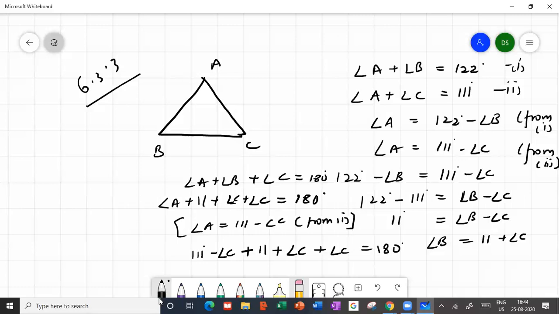So it will just become 122 plus angle C is equal to 180. There are multiple ways to solve this. Just don't stick to what I have done. So this will be 58, correct? And substitute it in the other two, and you will get A as 53 and B as 69.